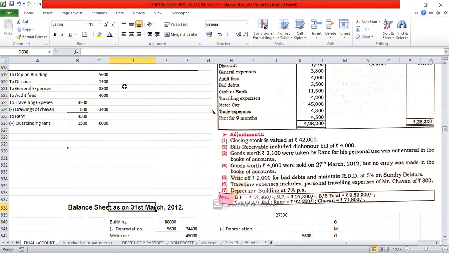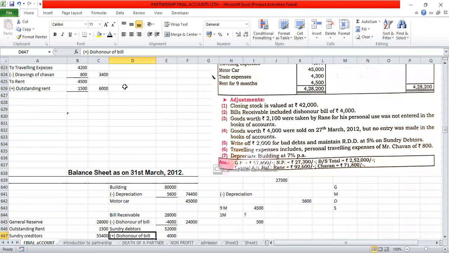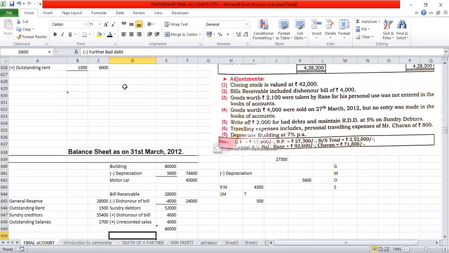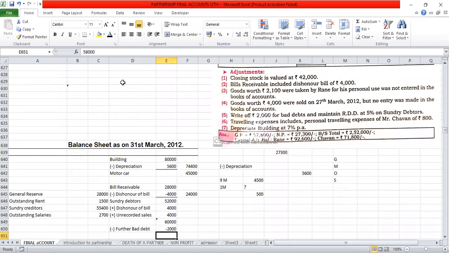First I will go to the debtors. From debtors, what do we have to minus? Further bad debts and new RDD. Further bad debt, how much is given? 2,000. 60,000 minus 2,000 is 58,000. New RDD is how much percent? 5%.